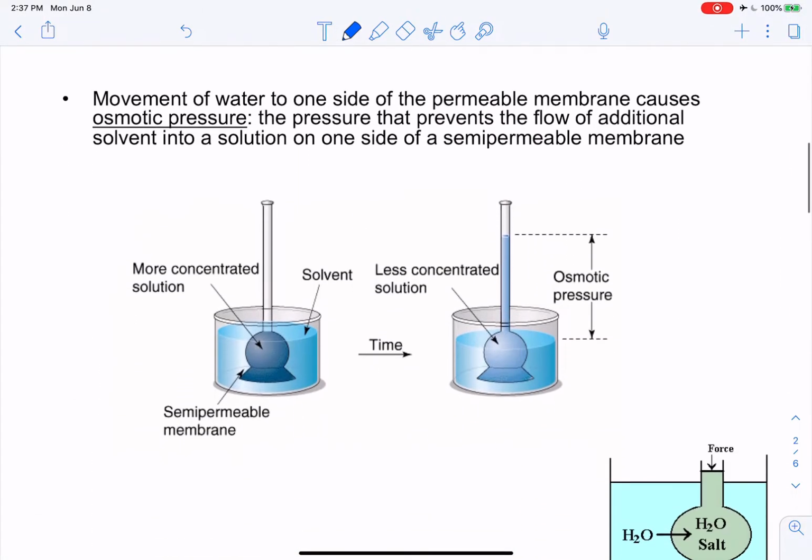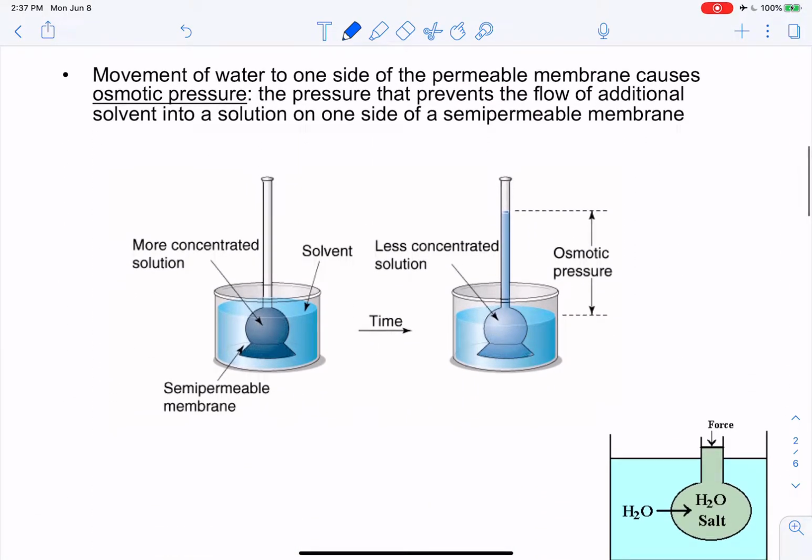Okay, so what happens is that this causes something called osmotic pressure. The water is going to see a region of high solute concentration, and it's going to rush in there and try to dilute it because that's what water does. But then that's going to increase the volume here, so you can see it goes up that tube right there.